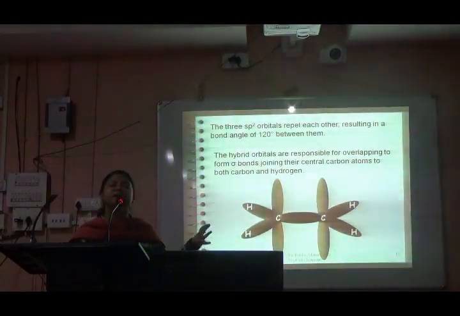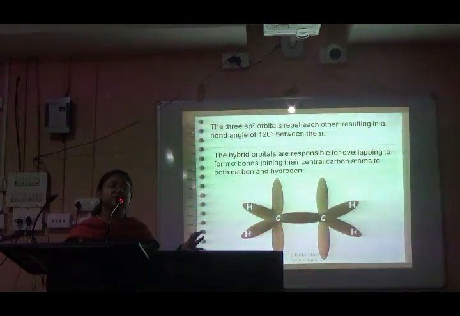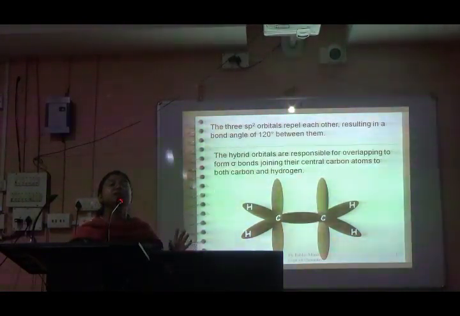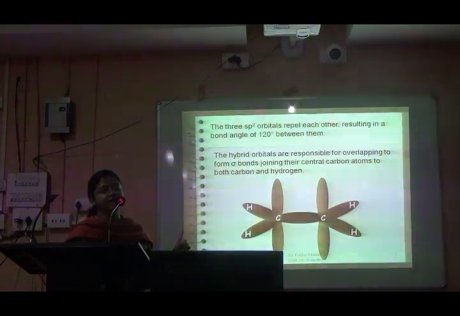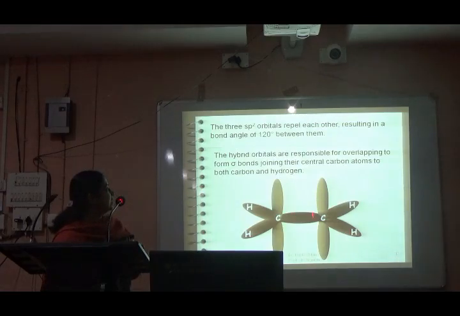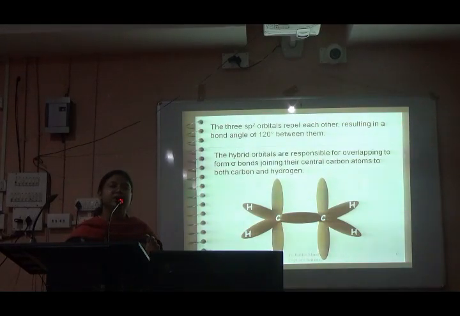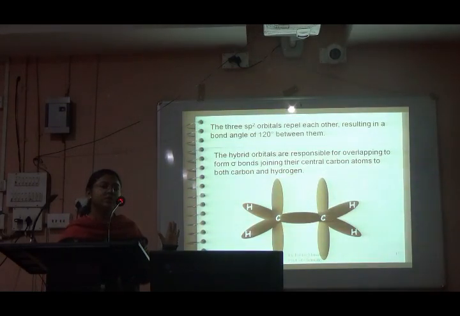Now we have another carbon having a similar sp2 hybridization, and the 2 sp2 hybrid orbitals from 2 different carbons overlap, forming a sigma bond. The other 2 hybrid orbitals will form sigma bonds with the 1s orbital of hydrogens, and we have got the pz orbital, one on each carbon atom, which is unhybridized. As we can see, the 2 pz orbitals are parallel to each other, and this parallel orientation allows the formation of a pi bond, because we know that a pi bond is formed by lateral overlap of 2 orbitals.